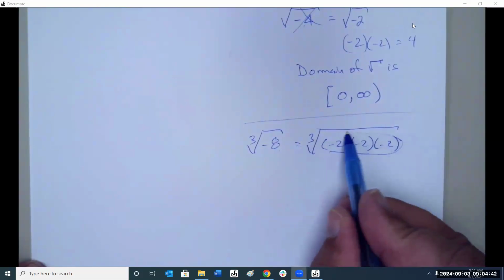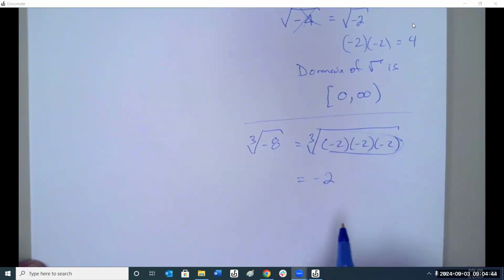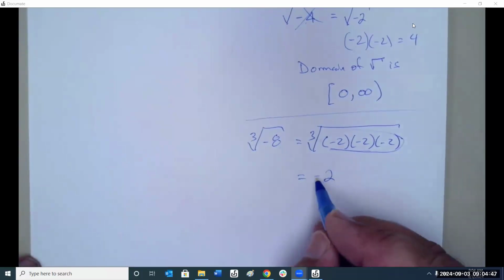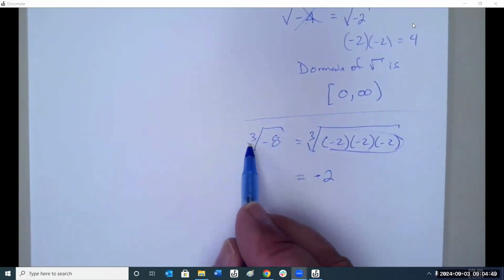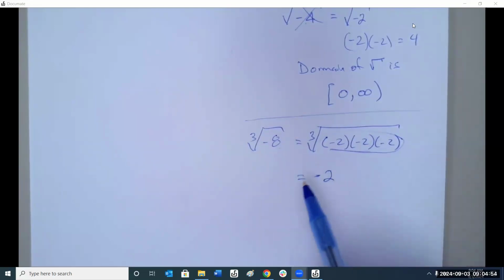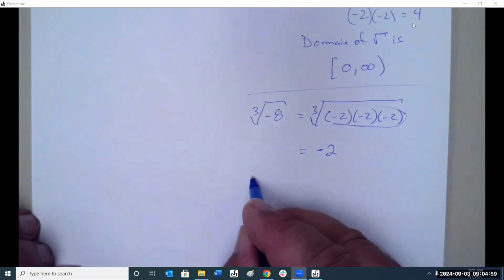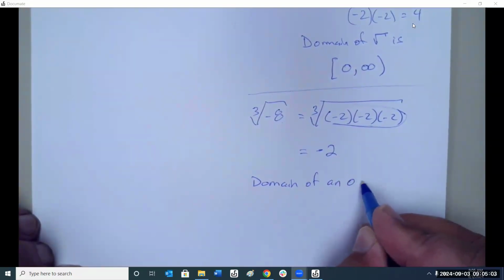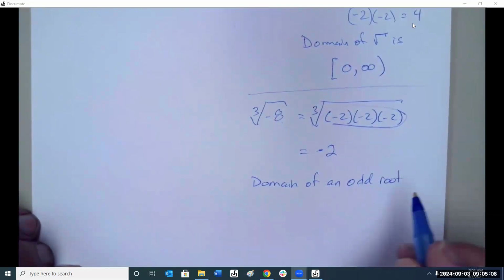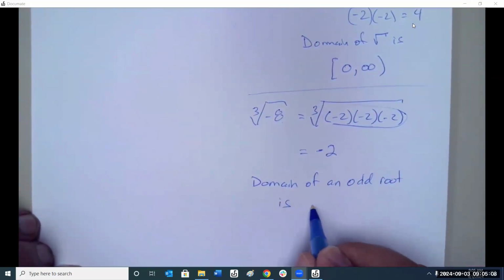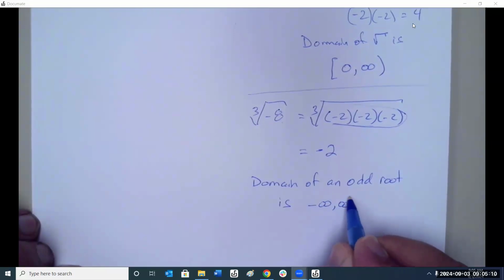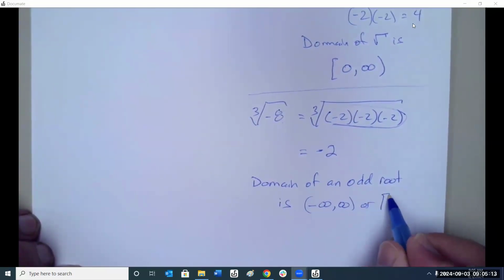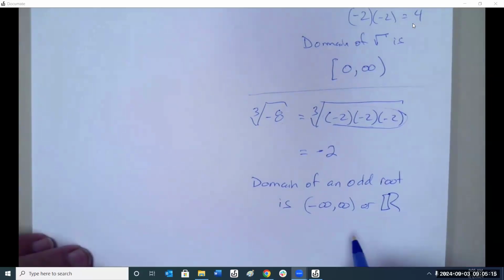There's 3 of a kind. So the answer is -2. So if the root is odd, then you can have a positive, negative, or 0. So the domain of an odd root is -infinity to +infinity, or all real numbers.